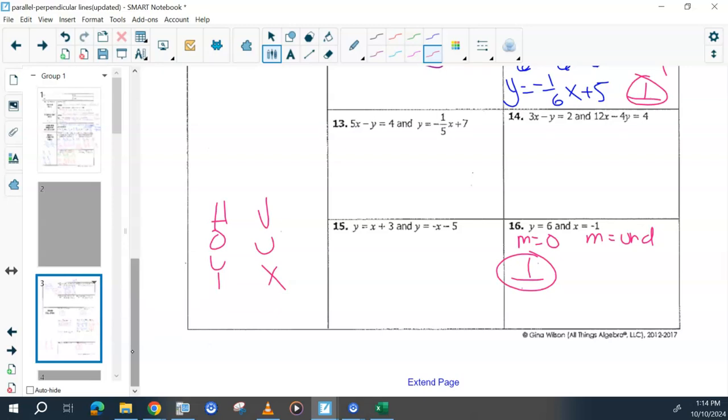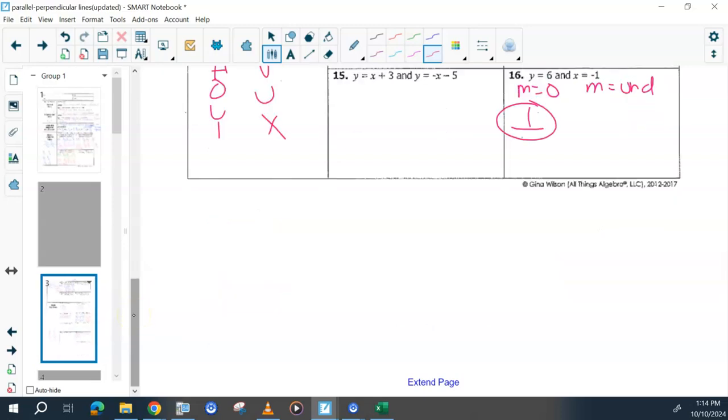Okay, I'm going to draw a visual so you see what this looks like. You can draw this if you want.